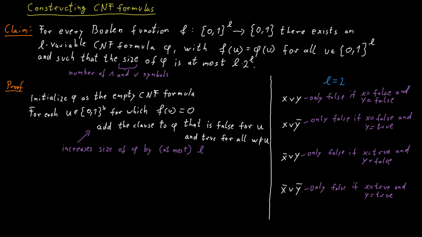But in total, we only add at most 2 to the L many clauses, because there are only 2 to the L possible inputs u. And therefore, the total size of the formula we generate is not larger than L times 2 to the L.